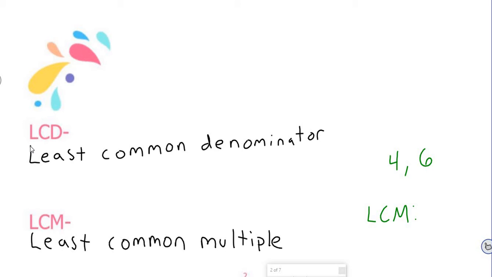So remember, you kind of have to switch gears. 2 would be our greatest common factor, right? But our least common multiple is the smallest number that both of them can go into. Does that make sense?